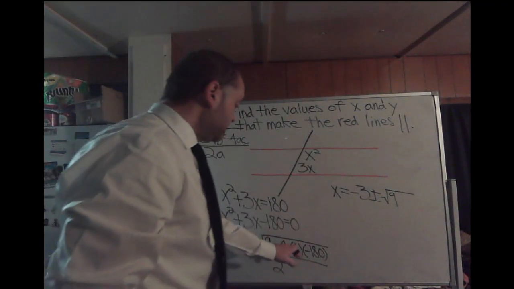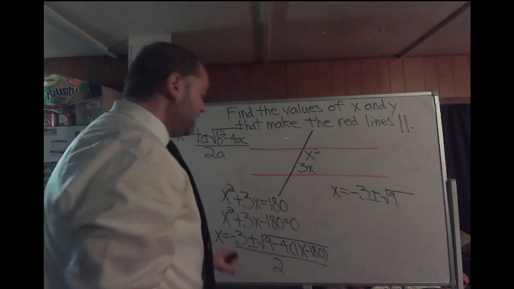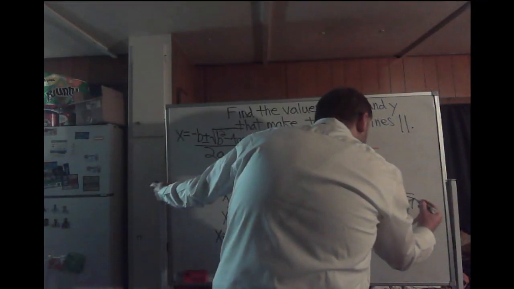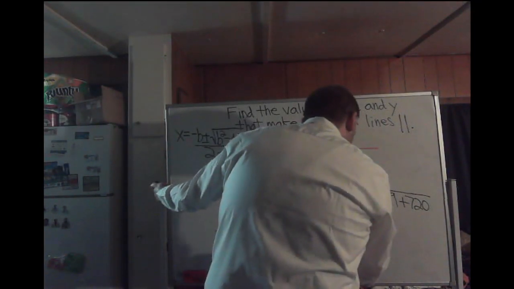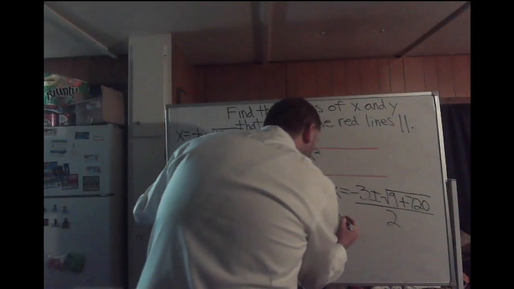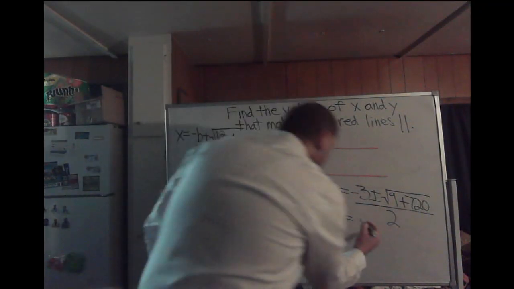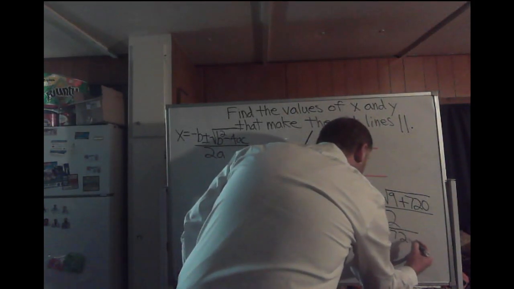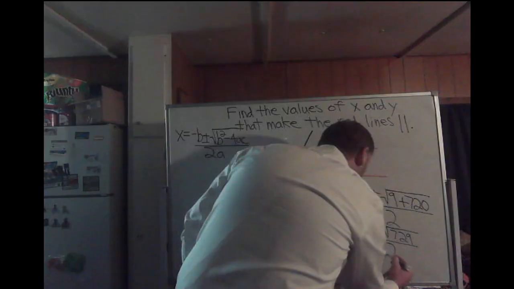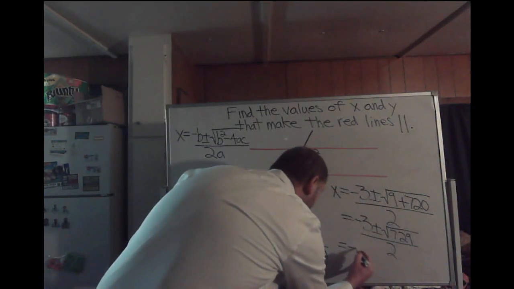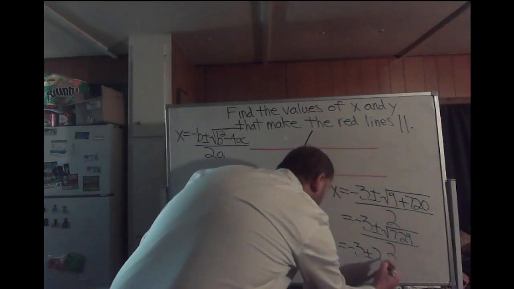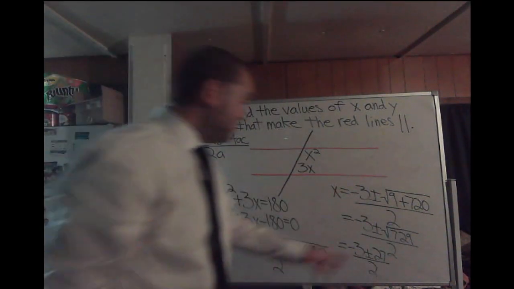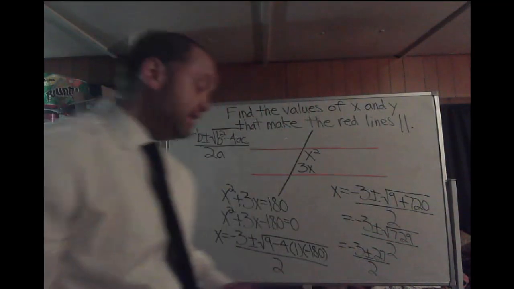Now, negative 4 times negative 180, that's going to give you positive 720 all over 2, which therefore means that you're going to get negative 3 plus or minus the square root of 729 all over 2, which means that you'll get negative 3 plus or minus 27 over 2. Square root of 729 would be 27.